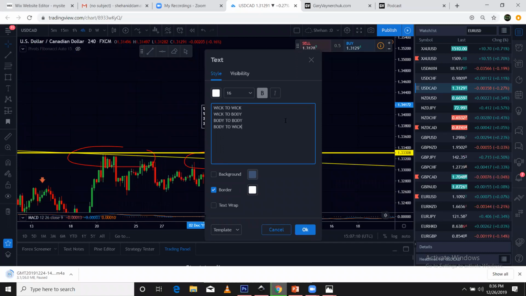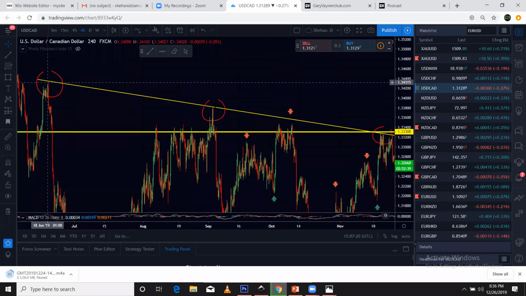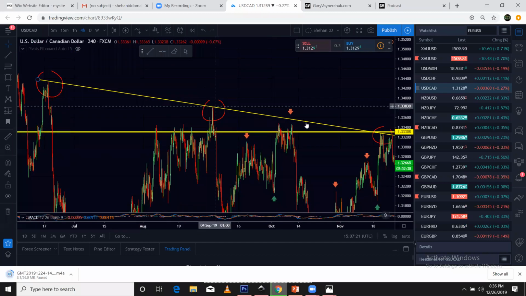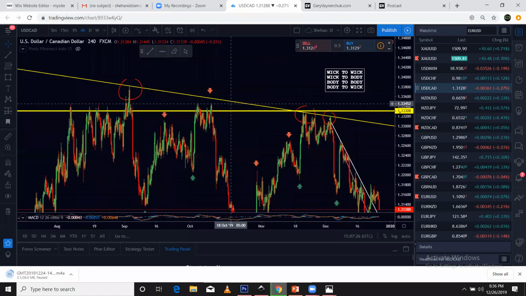You can draw in any method. Now you can see this graph is actually a wick to wick one. Why? Here is a wick, here it's also a wick, and here it's also another wick. So I have drawn a wick to wick trend line. Got it. So that's how we draw it.